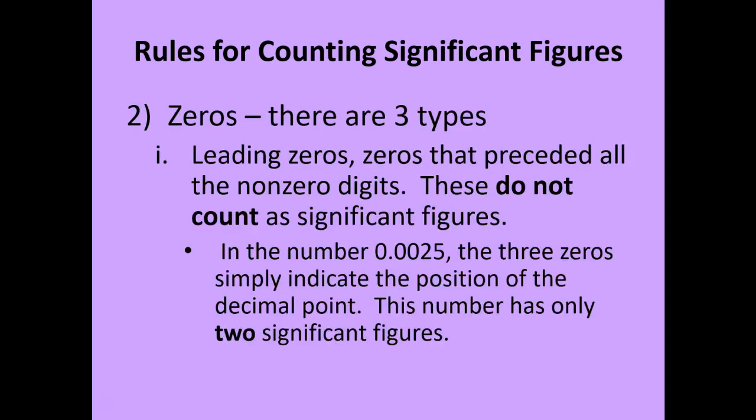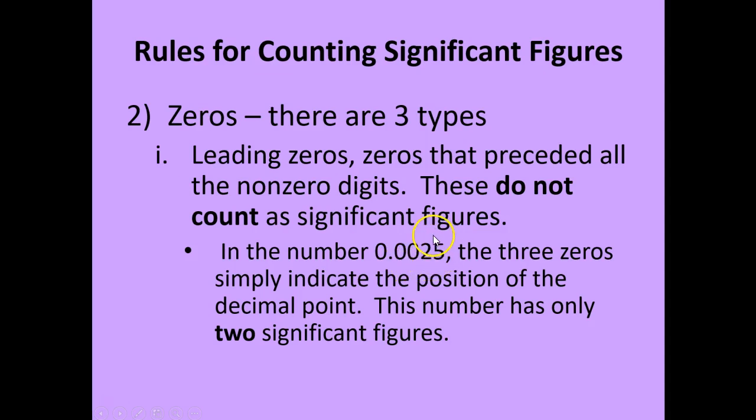Then there are 3 types of zeros, and depending on the type and some other factors, that determines whether or not they're significant. The first kind would be called leading zeros, and an example would be these zeros in this number here, 0.0025. Leading zeros in a number like that are never significant figures, because they're just placeholders. They're just telling you what the power of 10 of this number is.